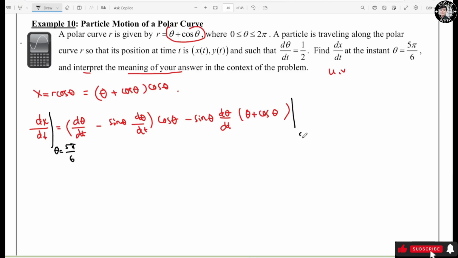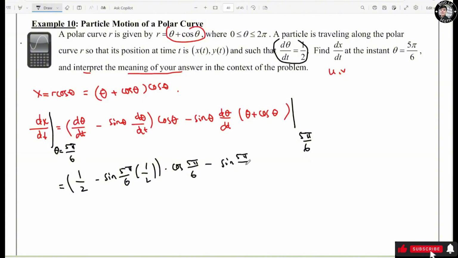Alright, so d theta over dt is given right here, 1/2, minus sine of 5 pi over 6 times 1/2, and the whole thing times cosine 5 pi over 6, minus sine 5 pi over 6 times 1/2 times theta, which equals 5 pi over 6 right here, plus cosine of 5 pi over 6.